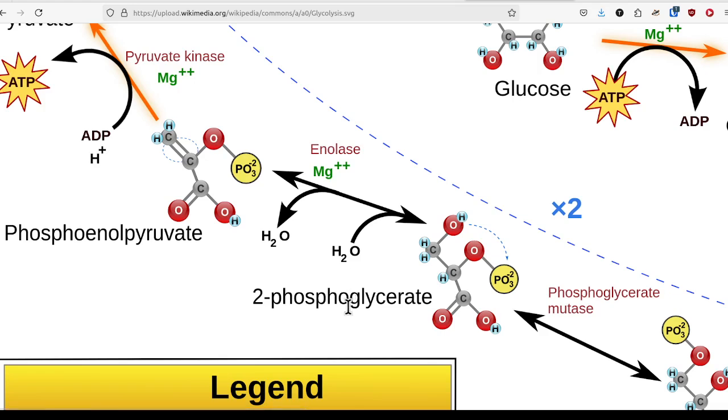Let's look at this next one. What's different? The 3 carbons are the same. The carboxylic acid is the same. The phosphate is the same. What's different is that hydrogen's gone, and the OH is gone, and there's a double bond. So we've taken off water.